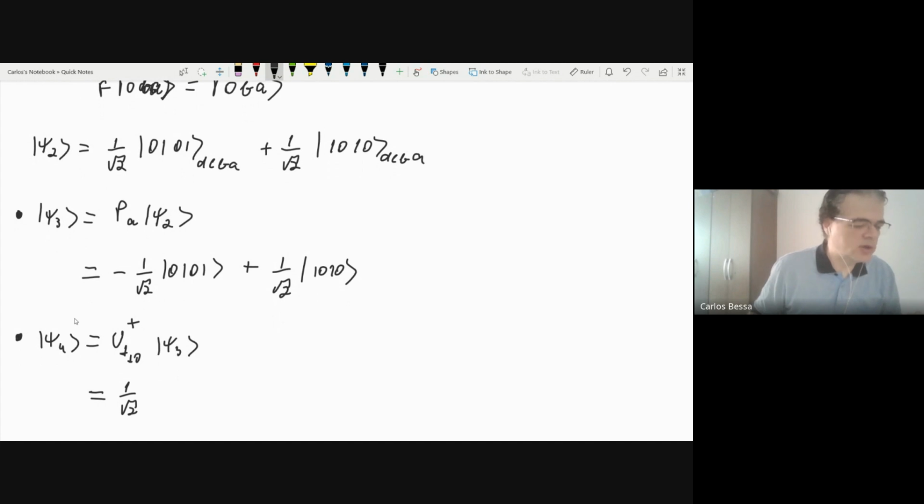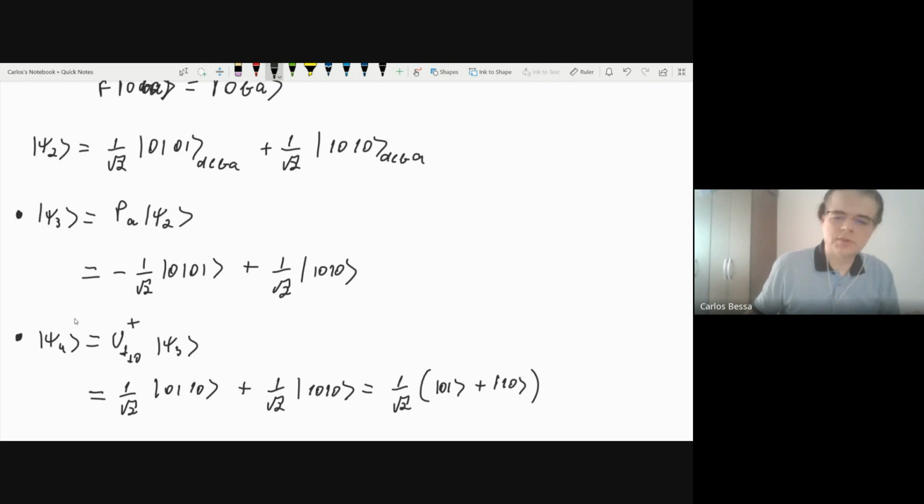Psi 4 is 1 over square root of 2, 0, 1, 1, 0 plus 1 over square root of 2, 1, 0, 1, 0, which is the same as writing 0, 1 plus 1, 0 times 1, 0. This is BA, this is BC.